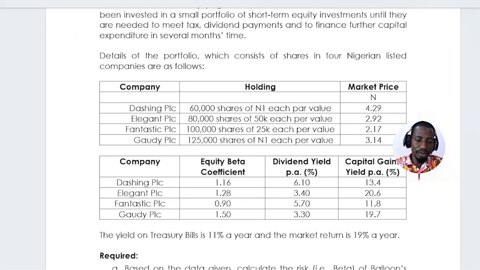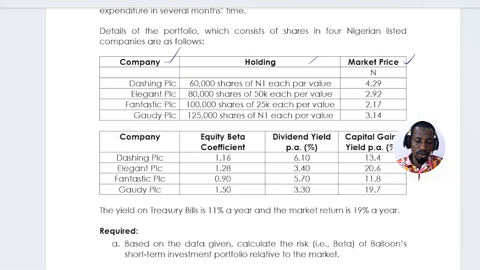So we are given information on the companies invested, the holding period, the number of shares held in each of the company, then the market price per share. Again, we are given information on the beta value, the dividend yield per annum in percentage, then capital gain yield per annum in percentage.